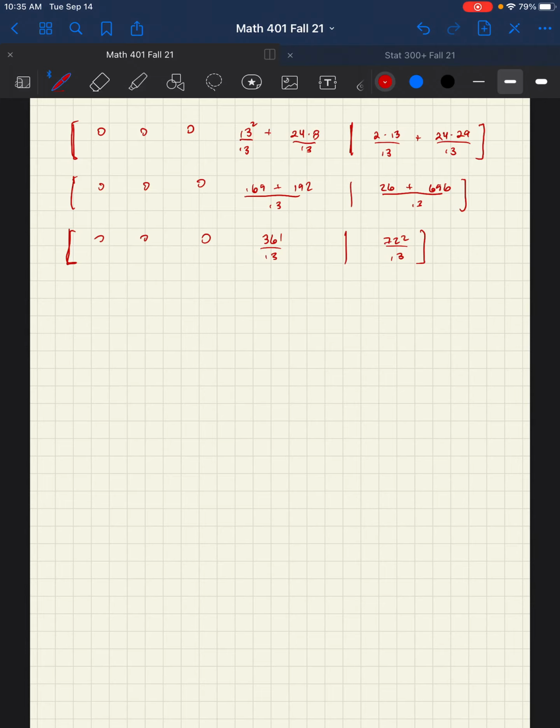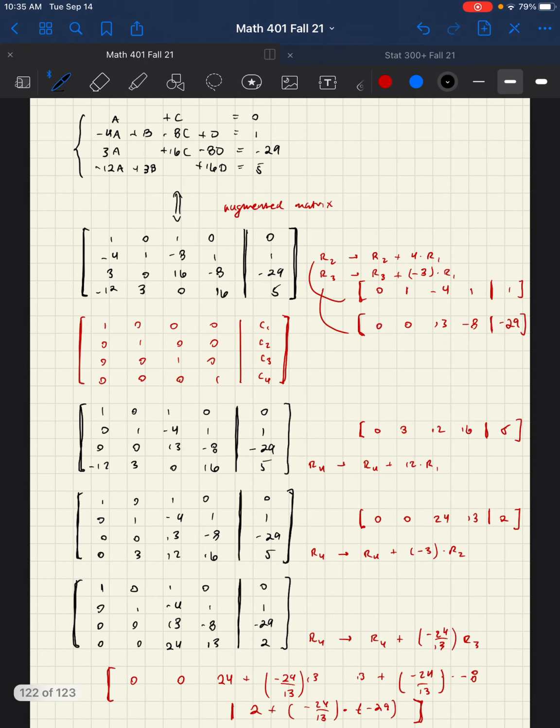In fact, they probably share nothing in common, but you should check some divisibility, like, can you divide by 3, or 7, or 8, or 9, or 11. Actually, there's not much you can do, except it turns out that 361 is 19 squared, so whatever. As for 722, divide that by 13. That also gives you nothing. Okay, that's fine. We will not get into that. But that's our new row.